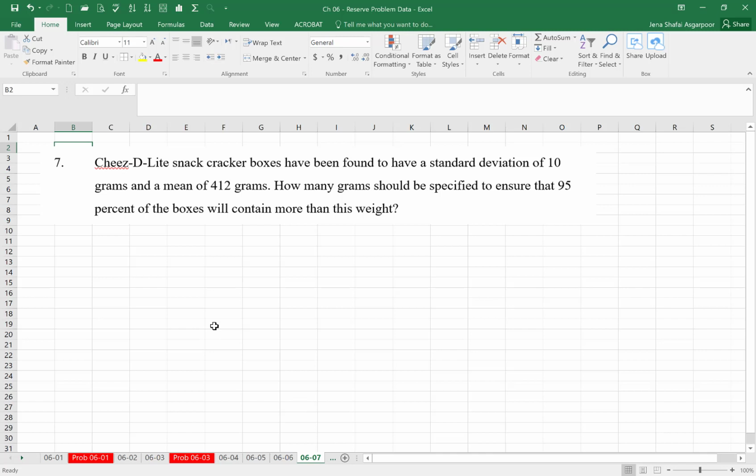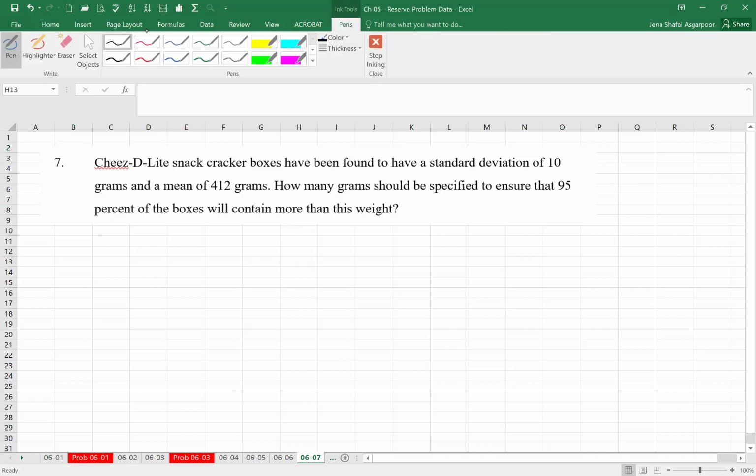Okay, the next problem is Cheese Delight snack crackers boxes have been found to have a standard deviation of 10 grams and a mean of 412.